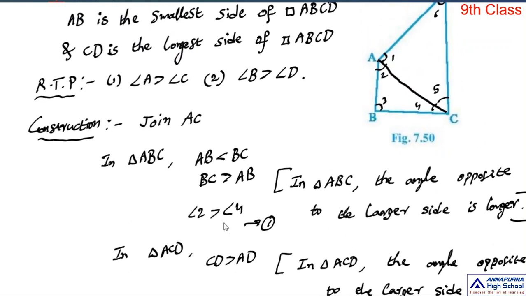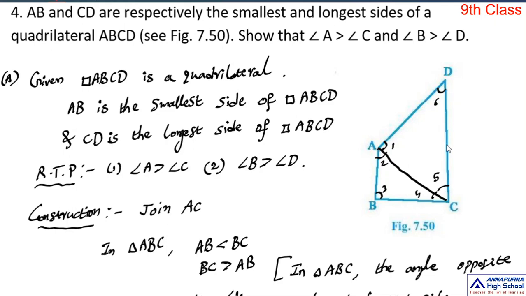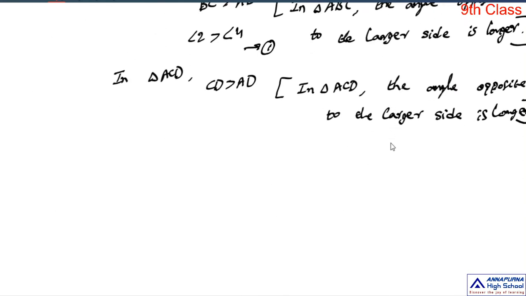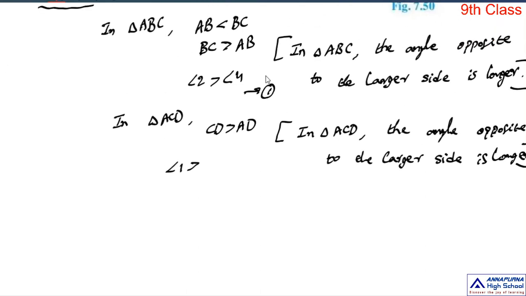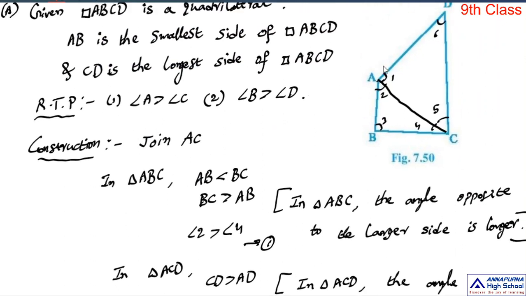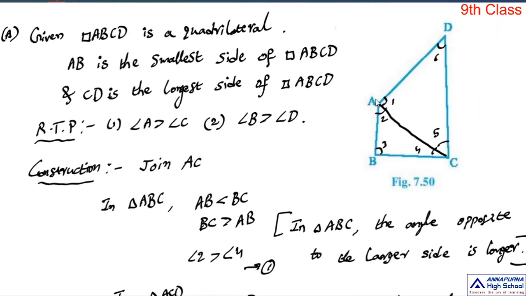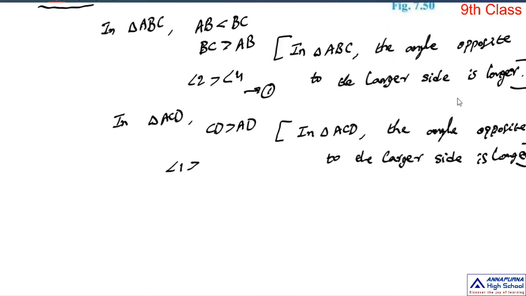So the angle opposite to side CD, which is angle 1, is greater than the angle opposite to side AD, which is angle 5. If CD is greater than AD, then angle 1 is greater than angle 5. This is the second inequality.